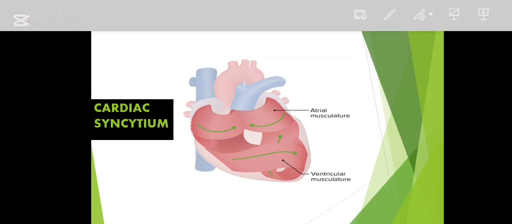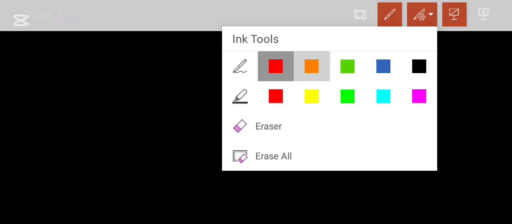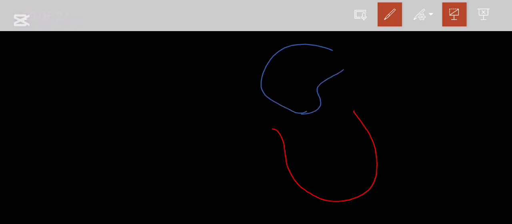The simple principle here is this. If this is the ventricle and this is an atrium, we mean to say that if blood has been deposited into the atrium, the only way this can happen is when the ventricle relaxes so that it can receive enough blood.